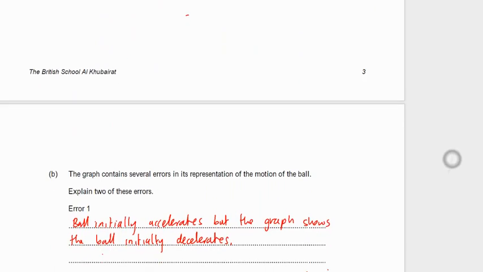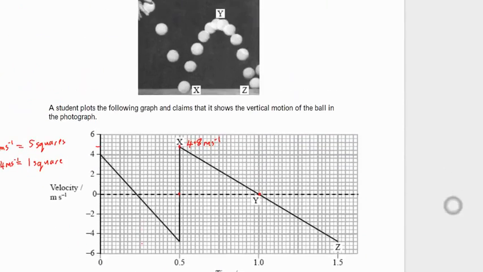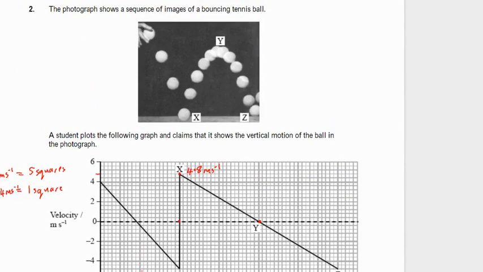Now, it says the graph contains several errors in its representation of the motion of the ball. Explain 2 of these errors. I could have picked many here. So as we can see from the picture, the ball is dropped. We know that the speed should be increasing. From there to there, the ball is falling, it's gaining speed. Because it's falling downwards, the speed is negative.